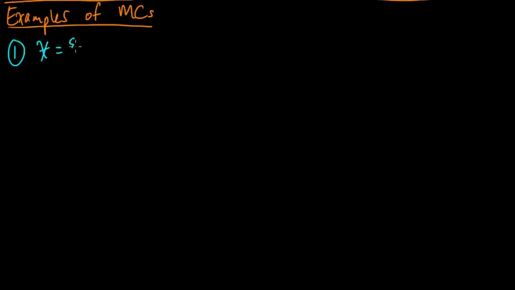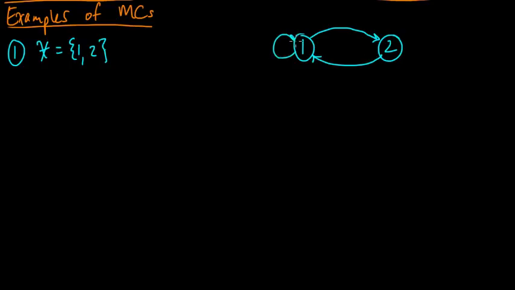So first, let's take a super simple example, maybe the simplest possible thing. We'll just take two states. Let's draw the picture here. We have state 1, we have state 2, and we have some transition probabilities between each possible pair. Let's say it goes from 1 to 2 with probability 0.2, and 1 to 1 with probability 0.8, 2 to 2 with probability 0.2, and 2 to 1 with probability 0.8.